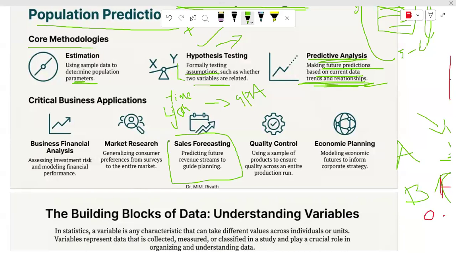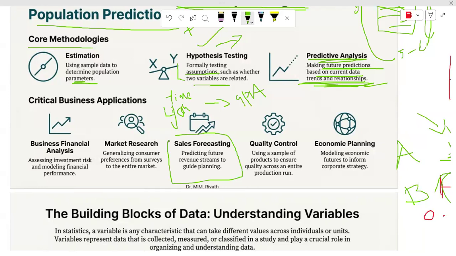And economic planning: our country is facing an economic crisis, and in mid 2022 and early 2023 we had a serious economic crisis. For that, the government has to take steps to stabilize the economy, and they have to plan.